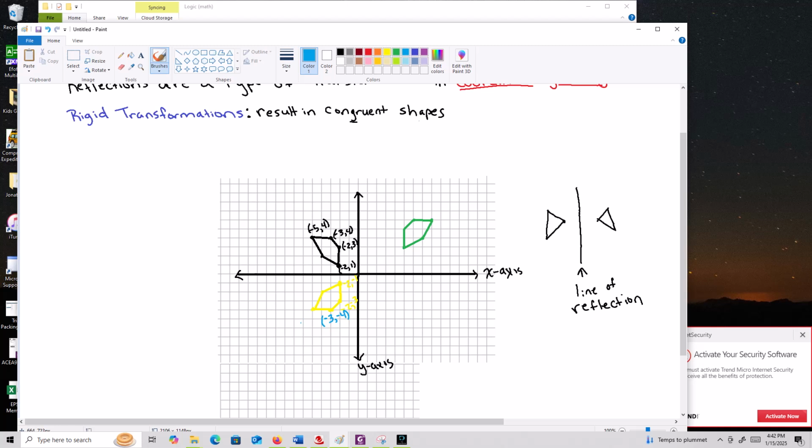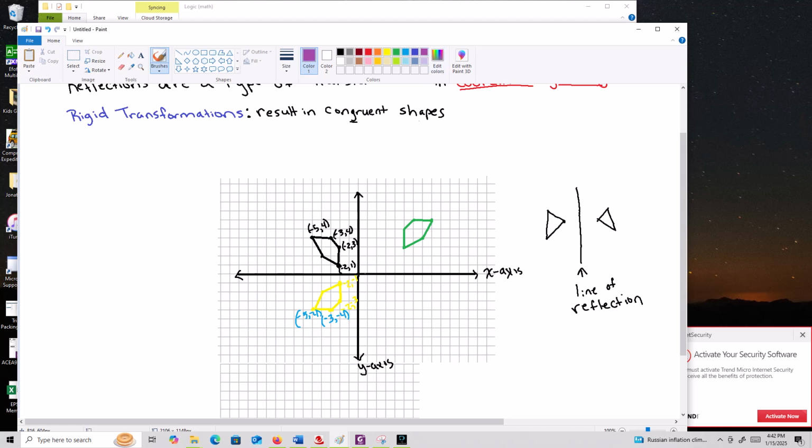This is -5, -4. So you'll see that our x values have remained the same, but we've had to multiply the y value by a -1.